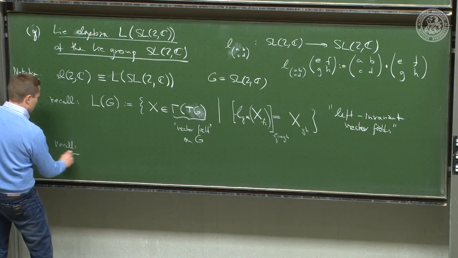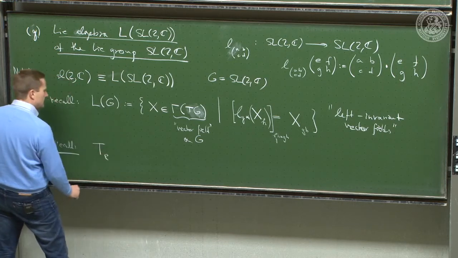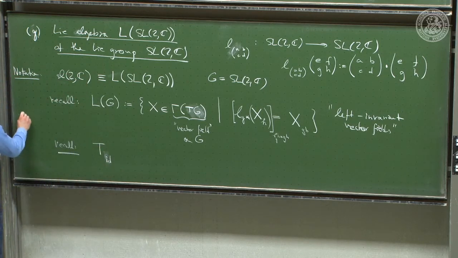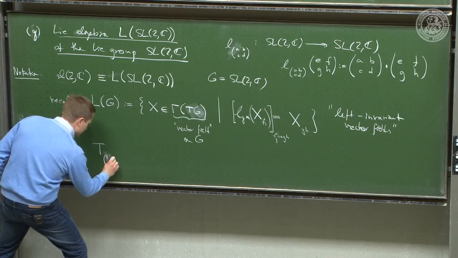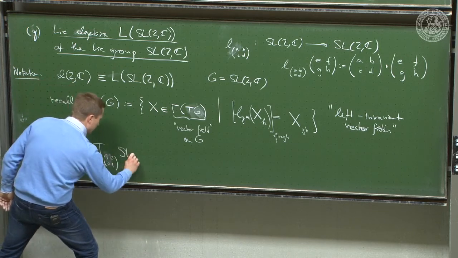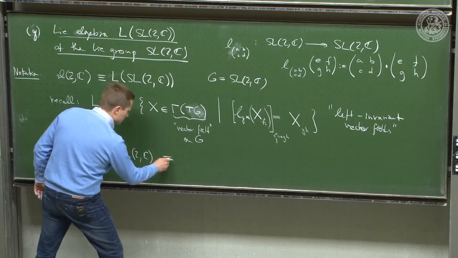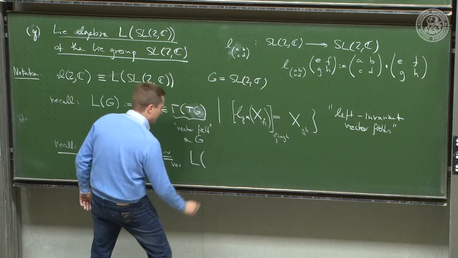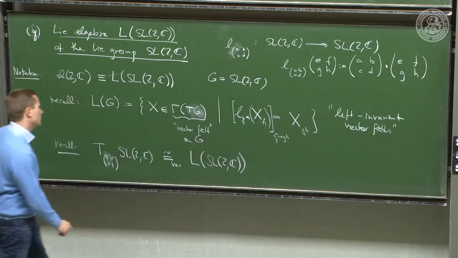Recall that there is an isomorphism between the tangent space at the identity, in our case the matrix (1, 0, 0, 1), to the group SL2C as a vector space, and the left invariant vector fields of SL2C. Do you remember this result?